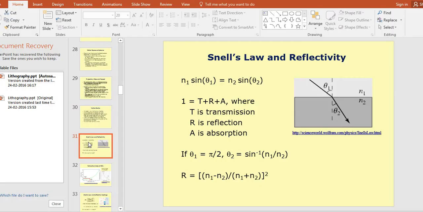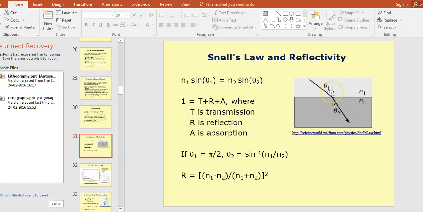First is Snell's law and reflectivity. Snell's law describes a ray entering from one medium to another. Just for simplicity, we take two media with refractive indices N1 and N2. Suppose this ray is entering from the medium of refractive index N1 to the medium of refractive index N2.